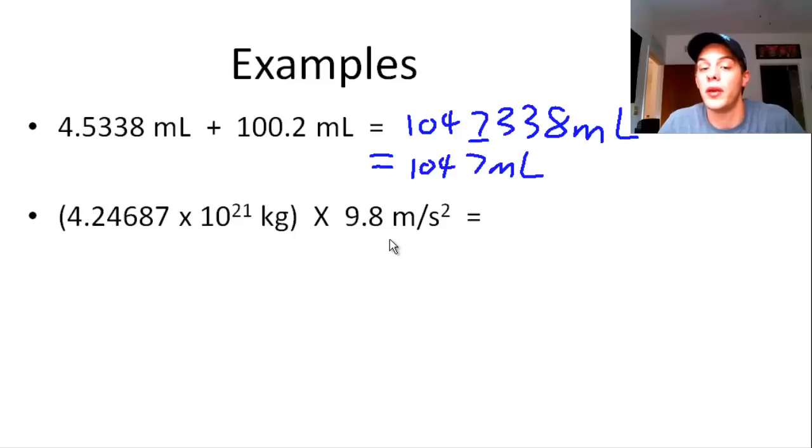Remember, this is a multiplication problem, so instead of doing it by decimal places, we're going to do it by significant figures.